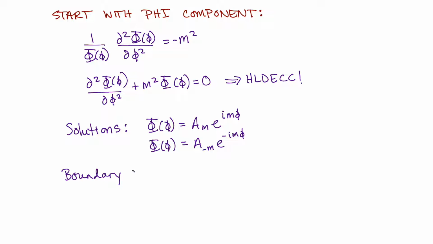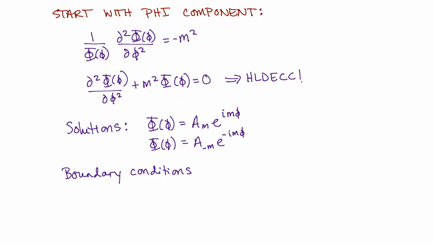So if we think about what our boundary conditions would be for our system, remember we have essentially a particle on a sphere. Or in this case, since we're only working with one dimension of our spherical harmonics here, we can consider this the same as a particle on a ring, where we've only got that phi component that we're concerned with.